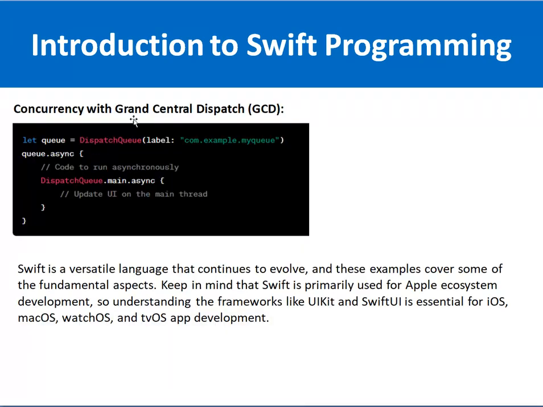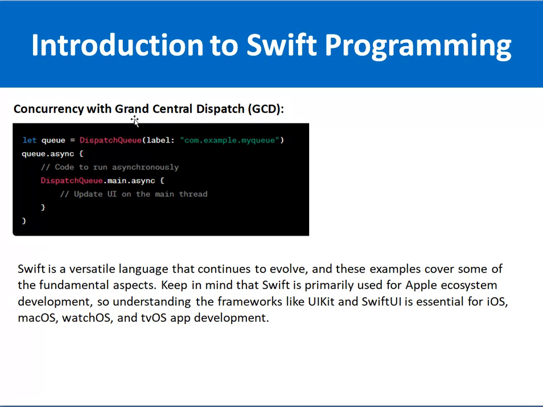Then concurrency with Grand Central Dispatch, GCD. Basically, friend, this is a concept of queues, or you can say multithreading or multitasking. This is a concept in which your code runs asynchronously, meaning a request will be sent and then you don't wait for the response.